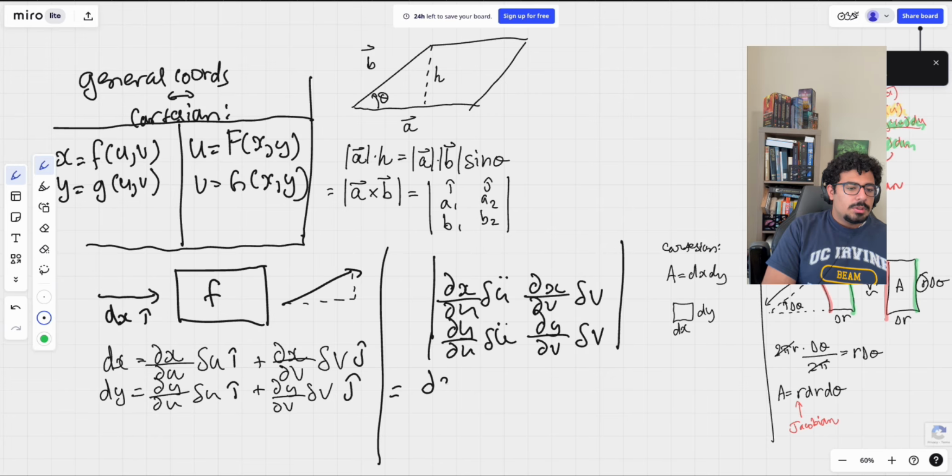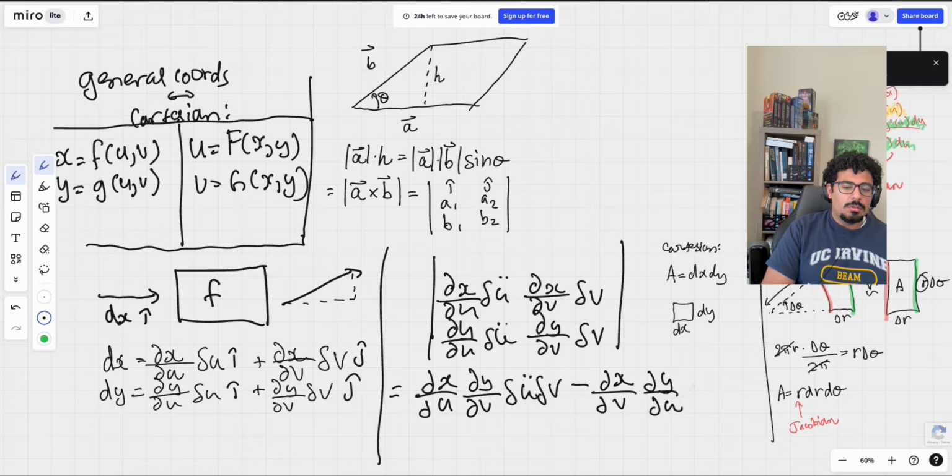So this becomes partial x partial u times partial y partial v delta u delta v, minus partial x partial v partial y partial u delta u delta v.